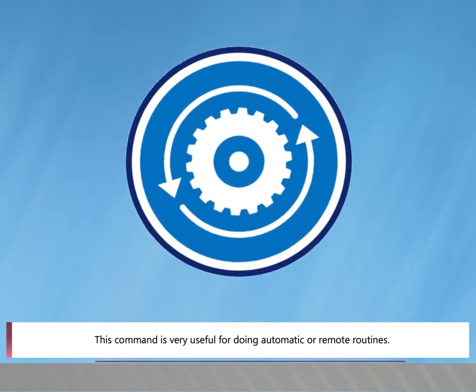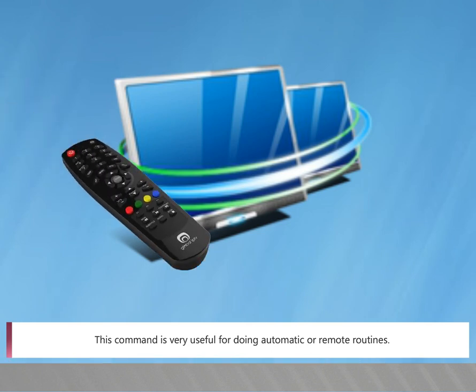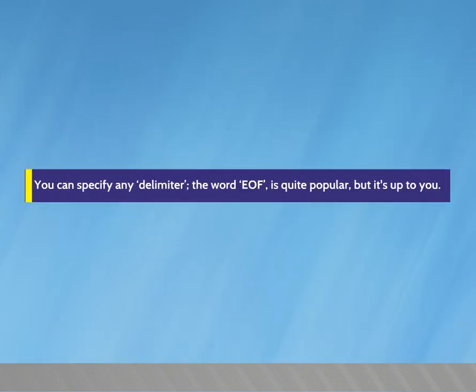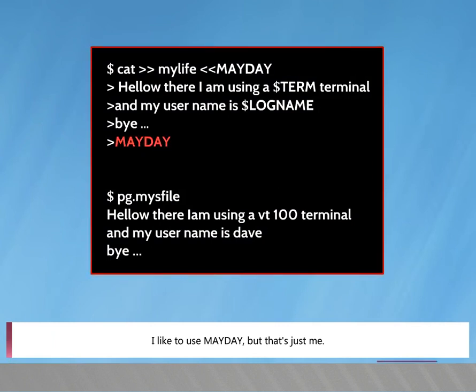This command is very useful for doing automatic or remote routines. You can specify any delimiter. The word EOF is quite popular, but it's up to you. I like to use Mayday, but that's just me.